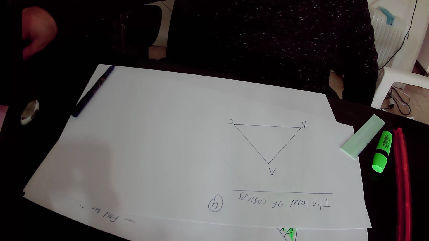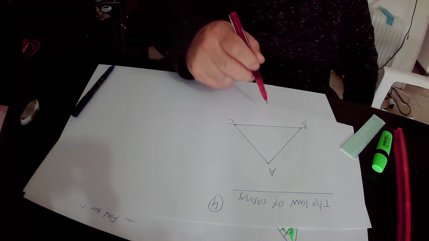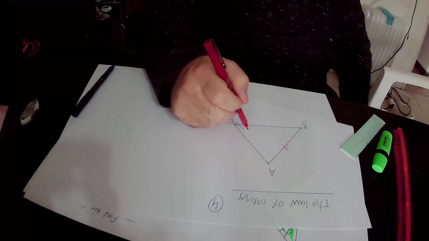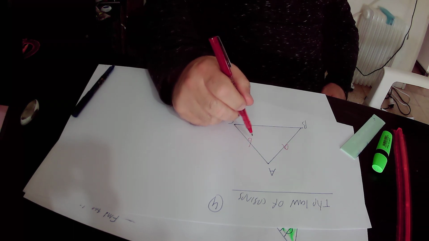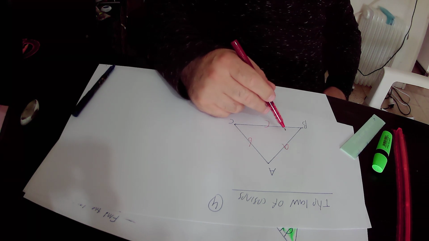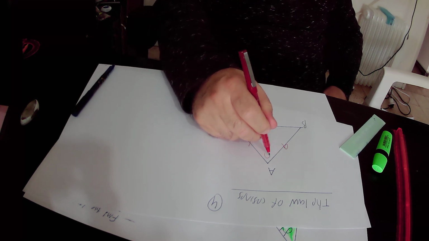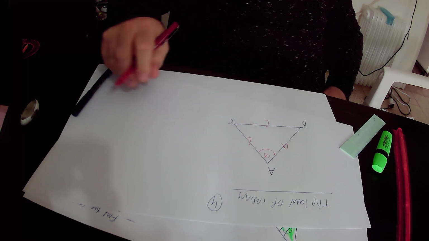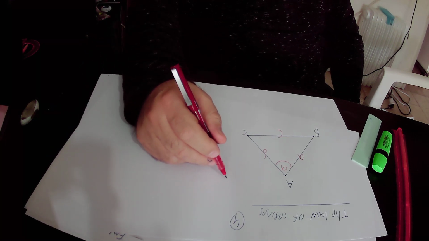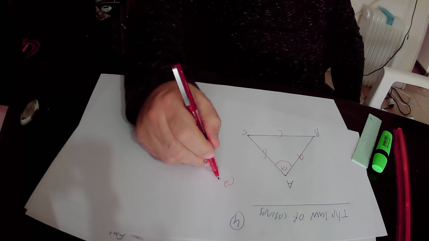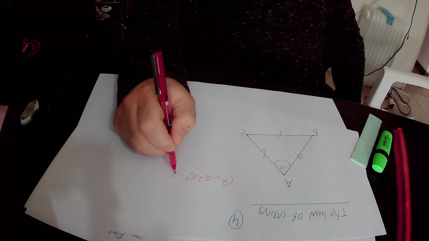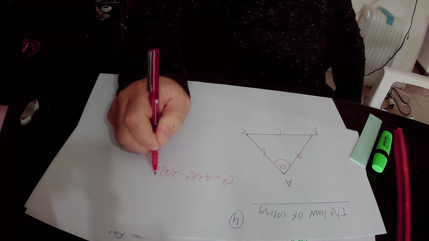We know that side AB of triangle ABC equals A units in its length, side AC equals B units in its length, and side BC equals C units in its length, and the angle between side AB and side AC is alpha. Then according to the law of cosines, C squared equals A squared plus B squared minus 2 times A times B times cosine alpha.